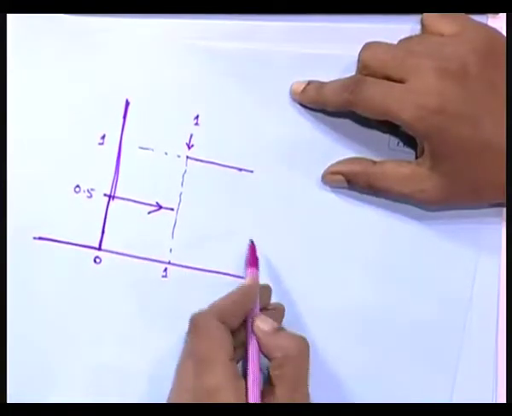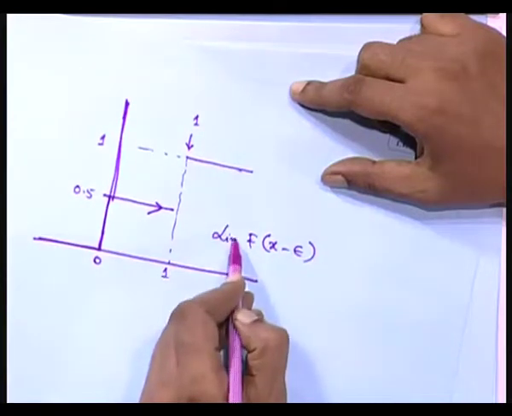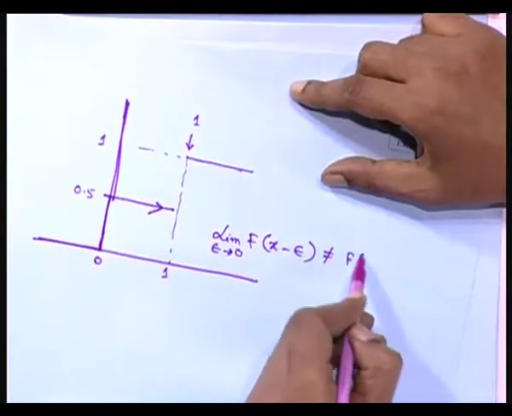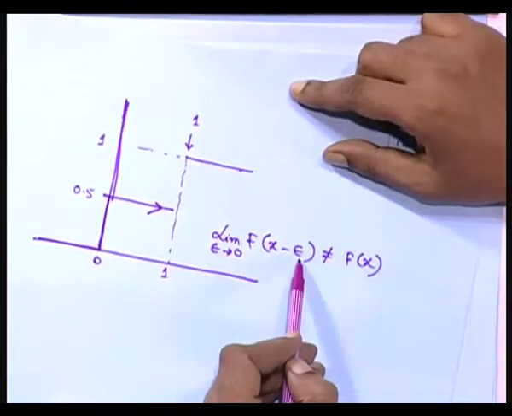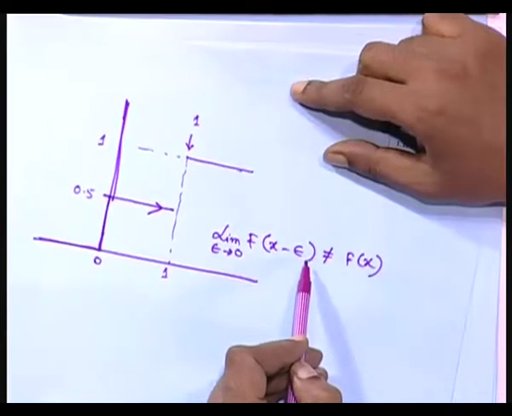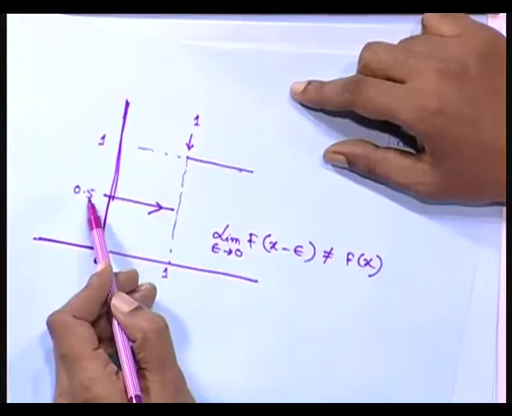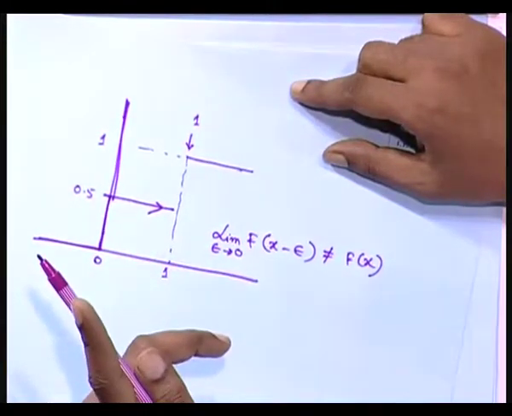So the left hand limit, that is f(x), limit of x minus epsilon with epsilon tending to 0, is not equal to f(x), because however small you make this epsilon, the probability at x minus epsilon is going to be 0.5, whatever epsilon you make, as long as epsilon is non-zero.